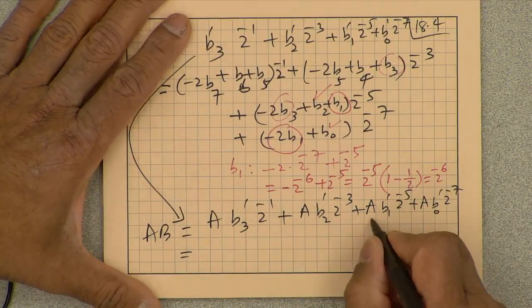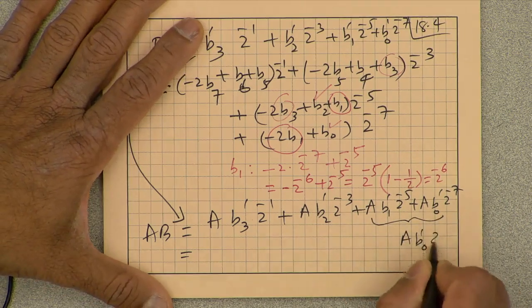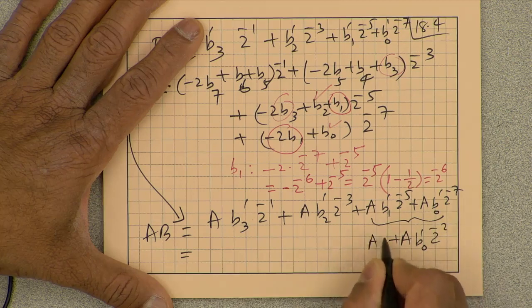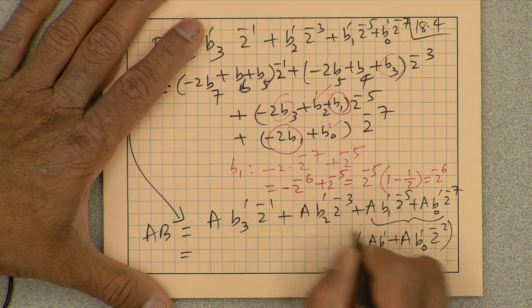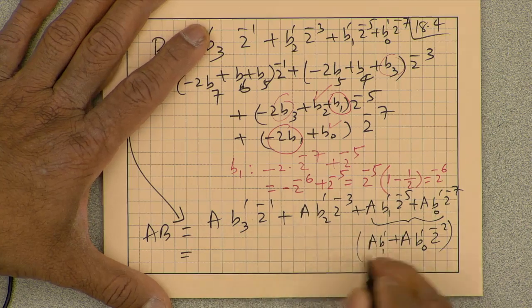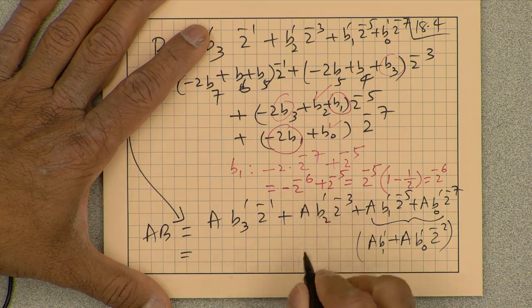If I again apply Horner's rule, this would be A times B0 prime times 2 to the power minus 2 plus A times B1 prime, and that whole thing again apply Horner's rule. So this is 2 to the power minus 5, and that's 2 to the power minus 3.